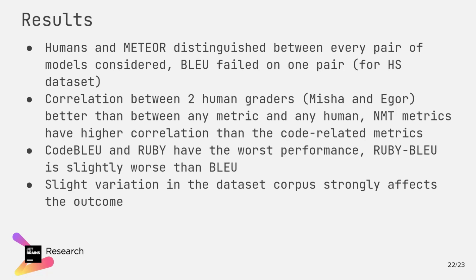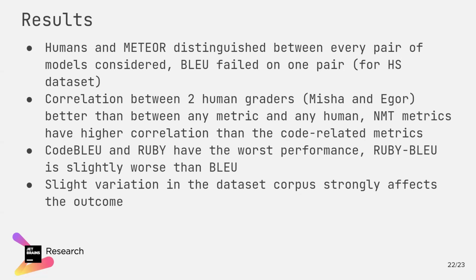So say for the CoNaLa dataset, between me and Igor, the Kendall tau was 0.56, and the Spearman rho was 0.62.